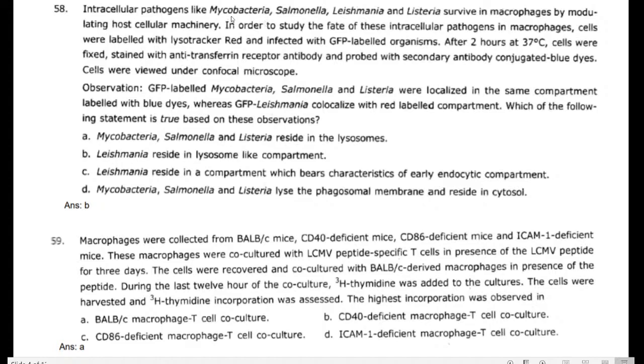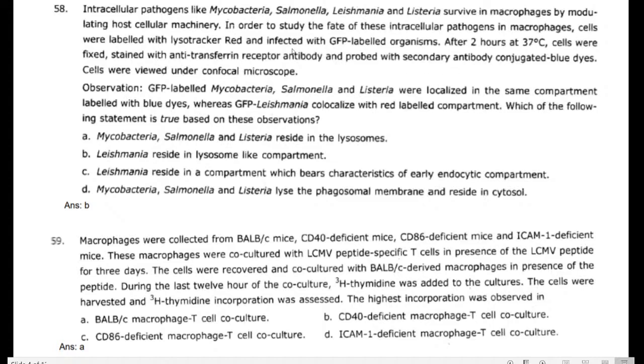There are microorganisms, intracellular pathogens, that modulate the host cellular mechanism. These pathogens in macrophages were studied at laboratory scale, labeled with LysoTracker and infected with GFP-labeled organisms. After 2 hours, they were stained with anti-transferrin receptor and probed with the secondary antibody.